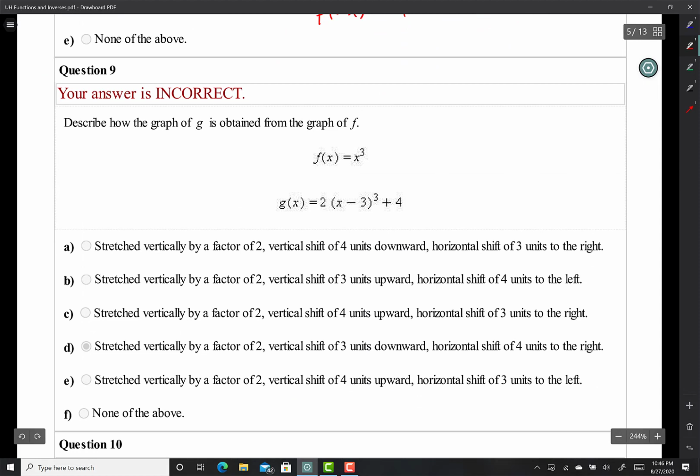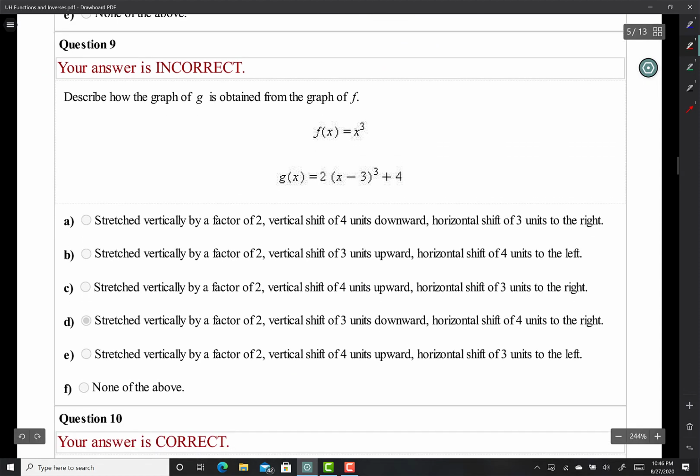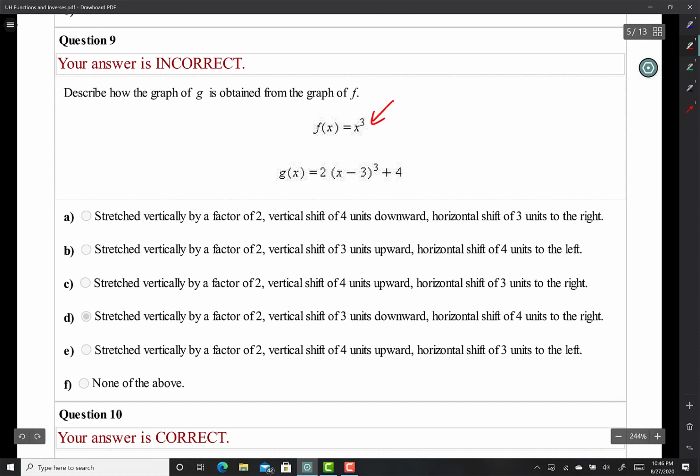Describe how the graph of g is attained. Here's your parent function. Without even reading A through F, I'm just looking at this graph. So horizontal shift 3 right. I'm going to write horizontal shift 3 right.